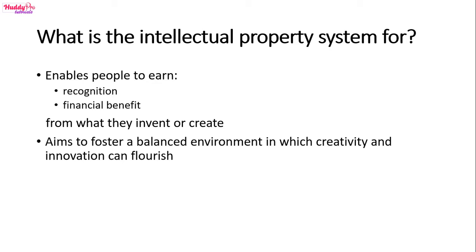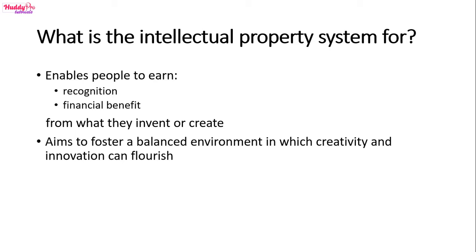You may ask yourself, what is the intellectual property system created for? What is its purpose? The intellectual property system enables people to earn recognition and financial benefit from what they invent or create.